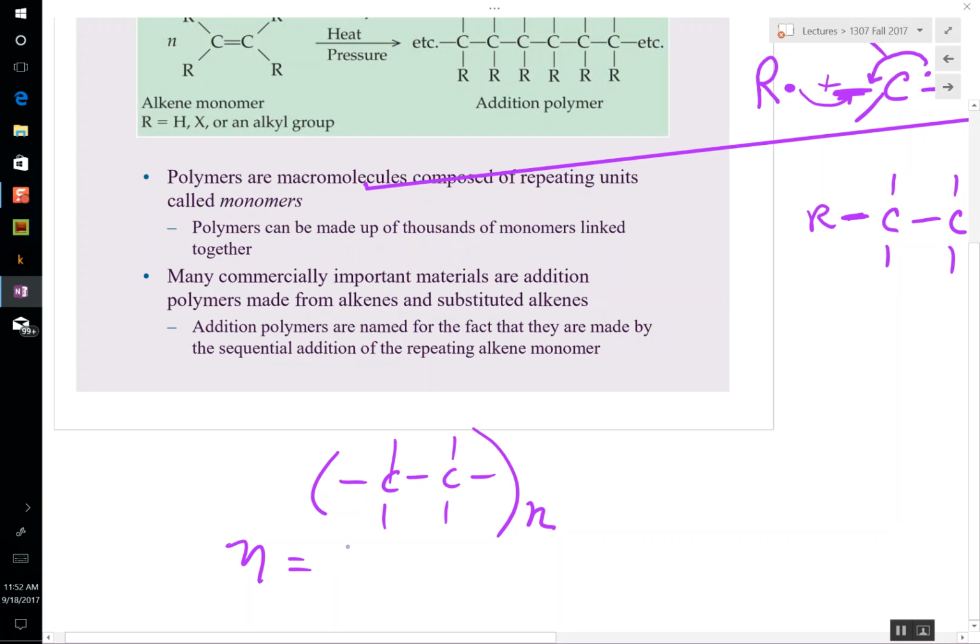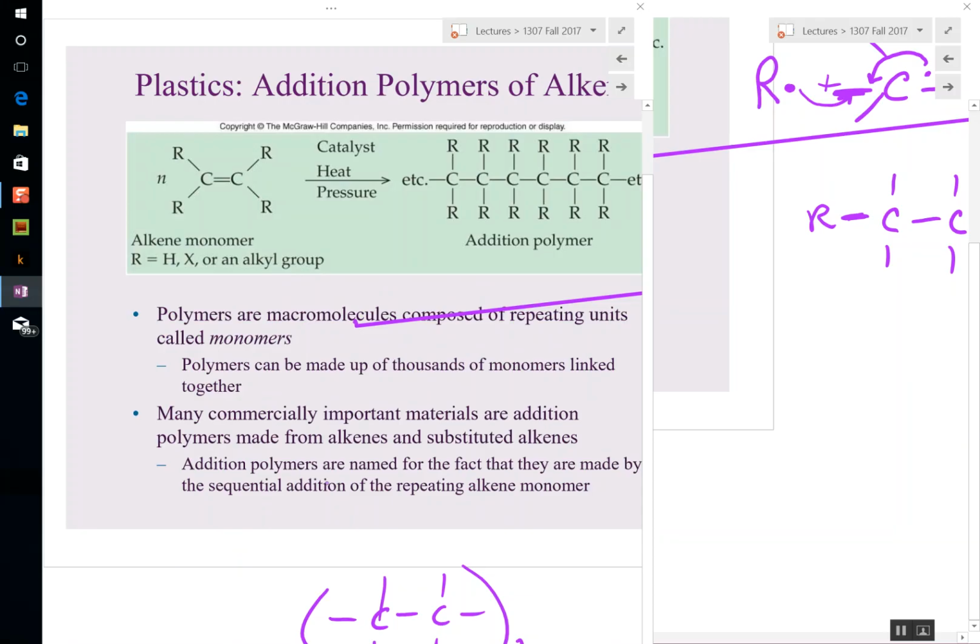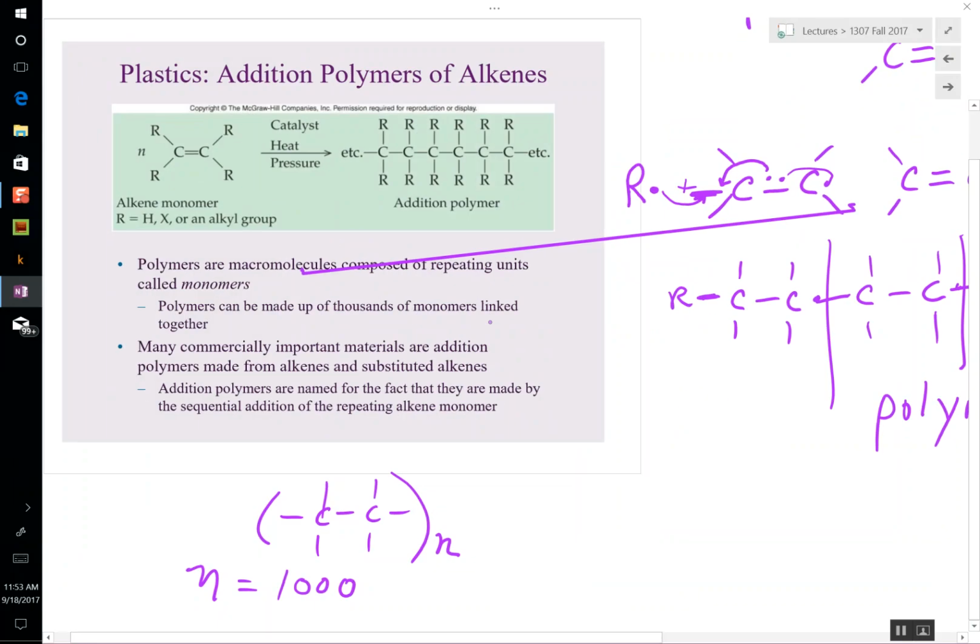What do we mean by that? There might be 1,000 ethenes making low-density polyethylene, and 2,000 or 10,000 of them making high-density polyethylene. They just carry it out further, and it keeps getting heavier and heavier, and thicker, with slightly different properties.